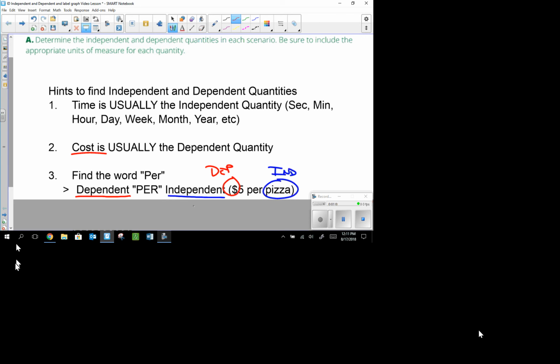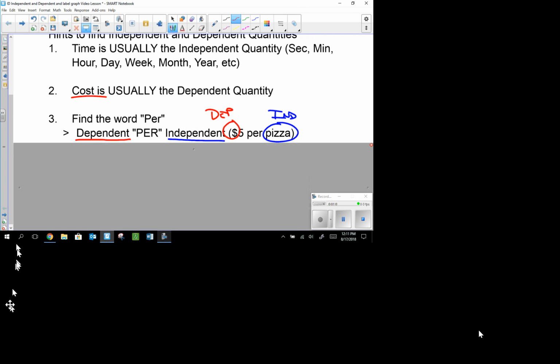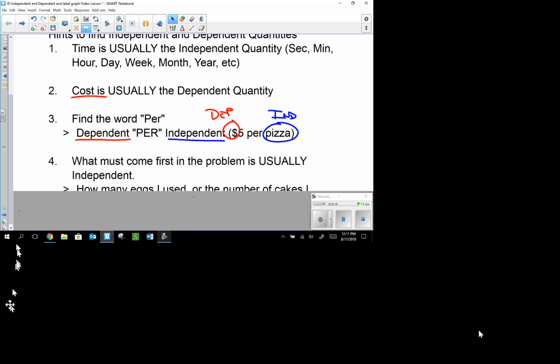Cost is usually dependent. The next hint I gave you was whatever comes first in the problem is usually independent. So whatever the situation is, whatever's happening first. Again, in class we use how many eggs I used or the number of cakes I baked. To bake a cake, we got to use the eggs to make the batter before we put it in the oven and bake it.